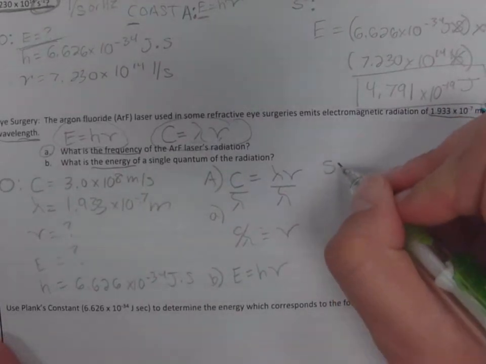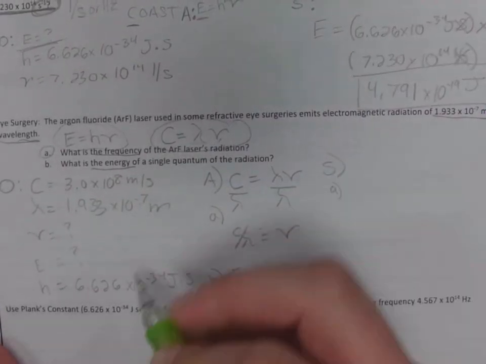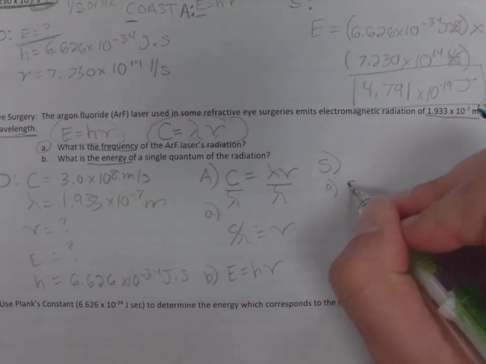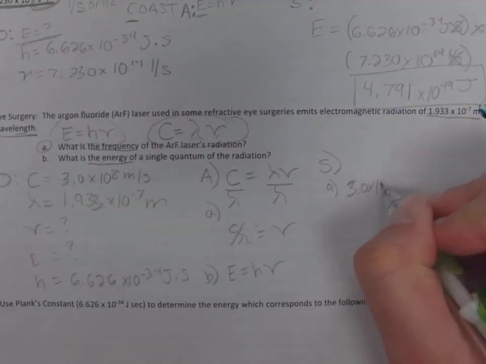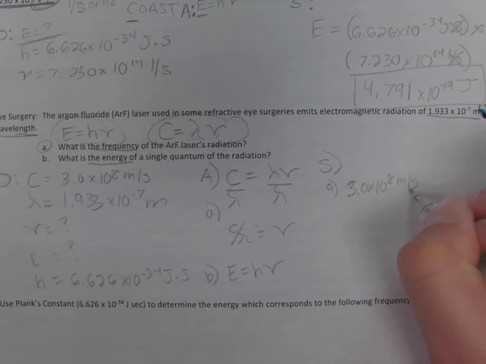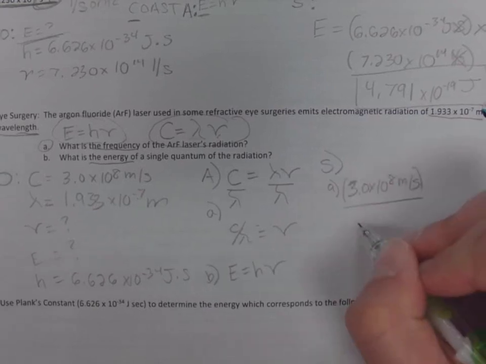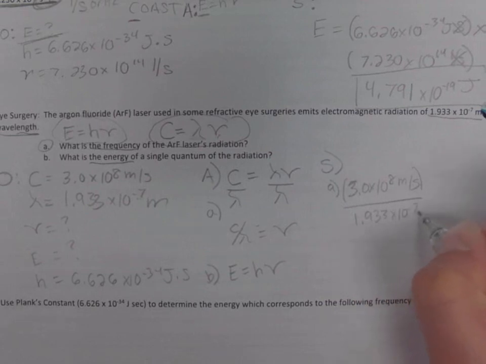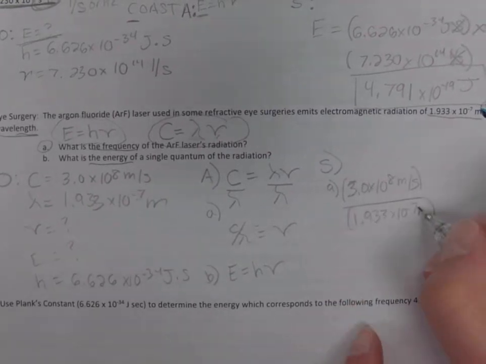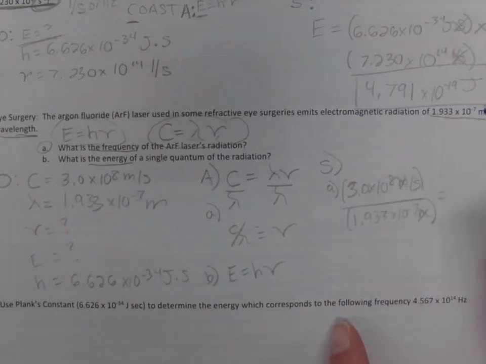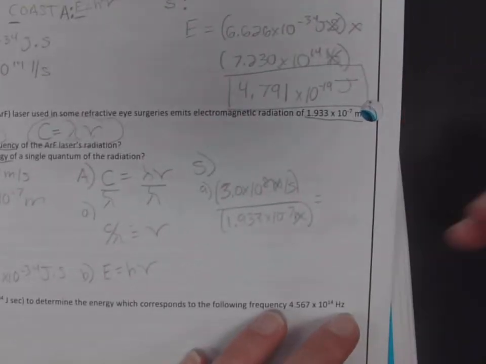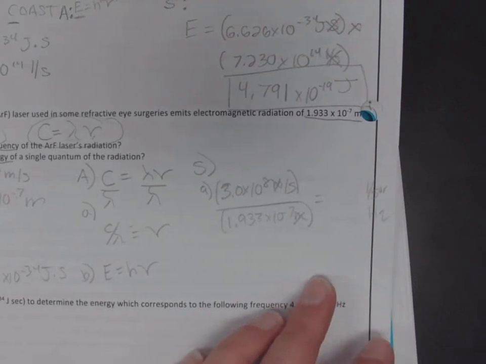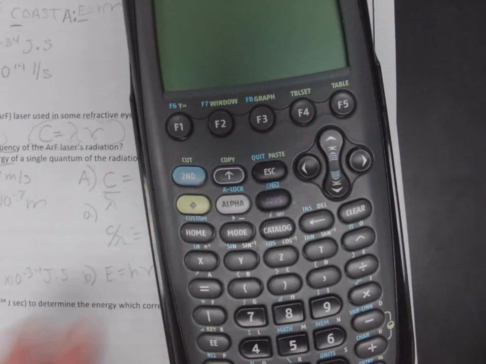So we would do E equals Planck's constant times frequency, and that would give us our answer. So let's solve now. We'll solve part A first. So we have 3.0 times 10 to the 8th meters a second, remember parentheses, divided by 1.933 times 10 to the negative 7th meters, remember parentheses. Meters cancel, your unit would be 1 over seconds or hertz. And let's do this.